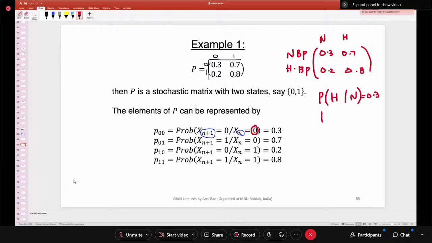Similarly, it should be 0.7. Sorry, this is 0.7. Thank you. Given H, already high blood pressure, remaining in the high is 0.8. Like that, all the 4 cases.